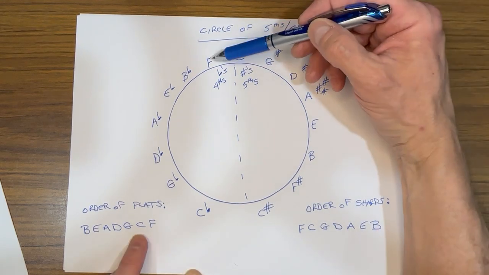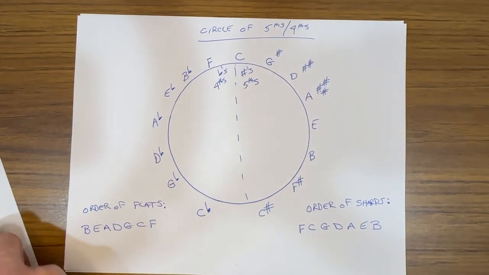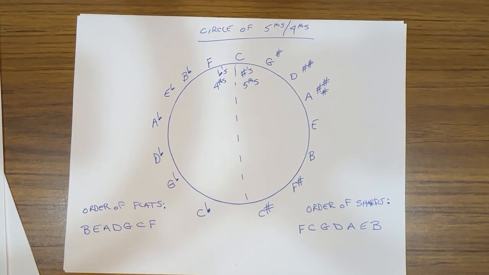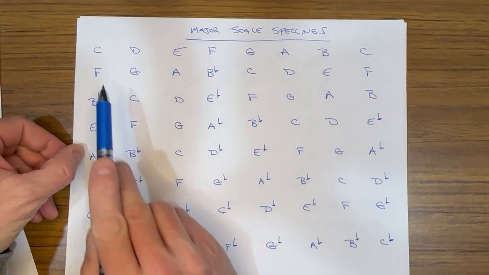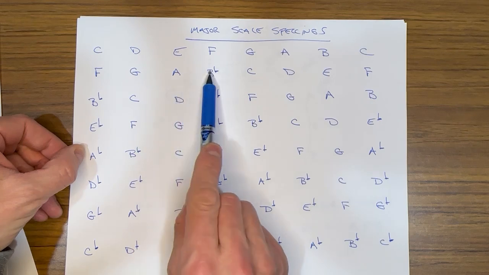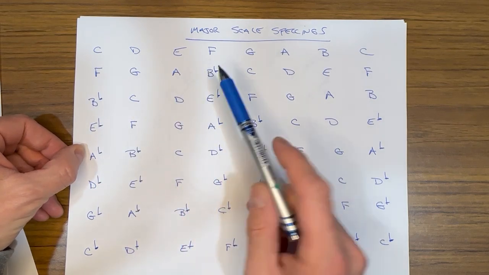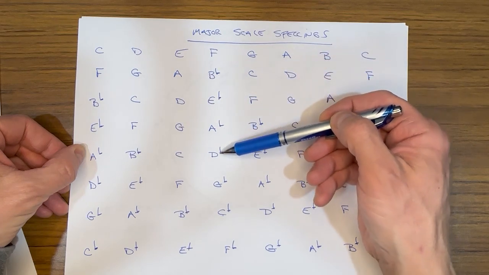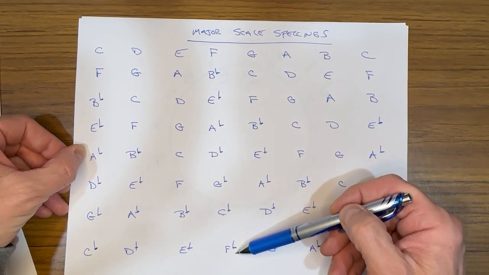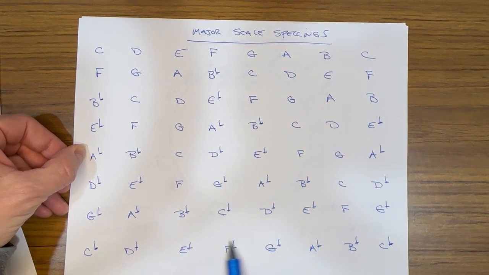So when you get to the key of F, this was the second scale set that we did right here. If you move over to the fourth column right here, this is why it's called the circle of fourths. As you go down this column right here, it's BEAD, G, C, F. And you'll notice that when you get down to the key of C flat, every single note in that scale is a flatted note.